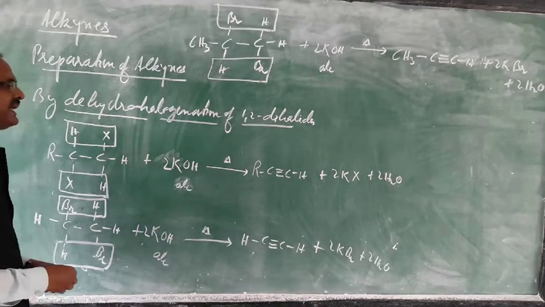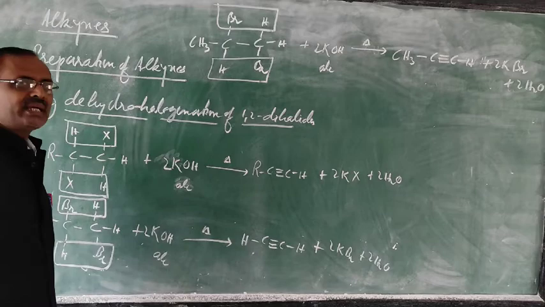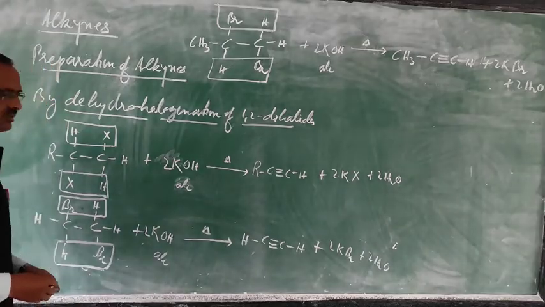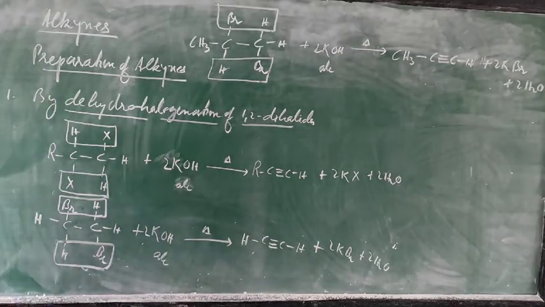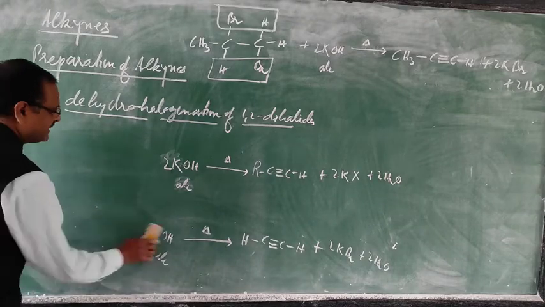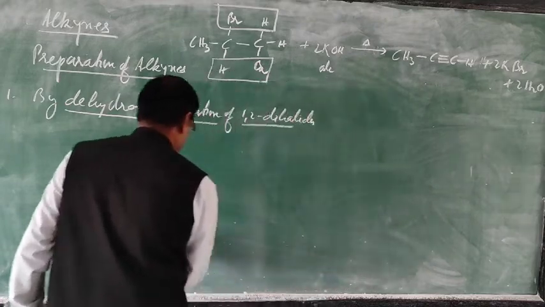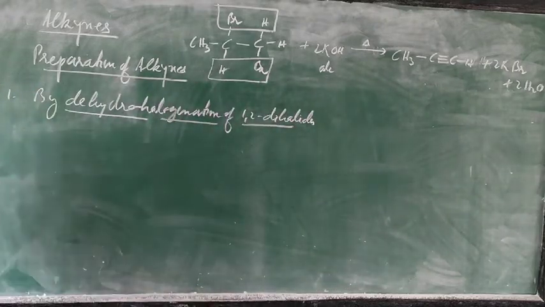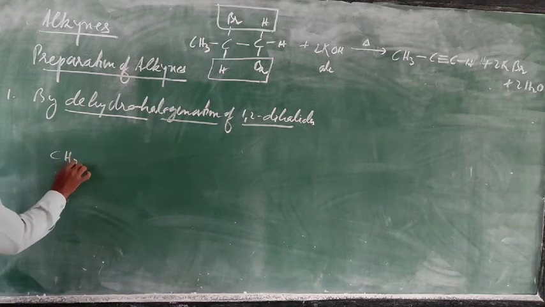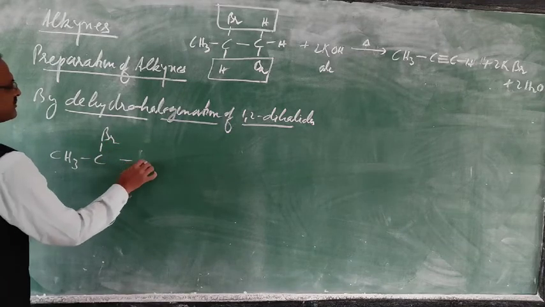Now the question is that this dehydrohalogenation can be carried out with sodamide also. In place of alcoholic KOH, you can use sodamide. So let us see how you can write the reaction with sodamide.